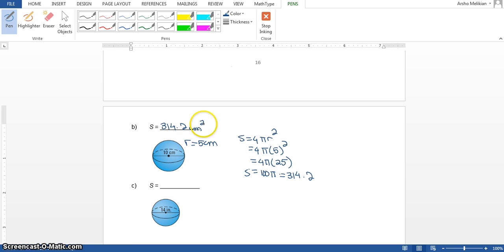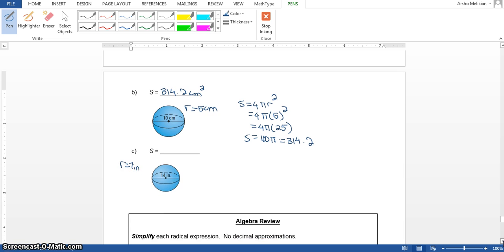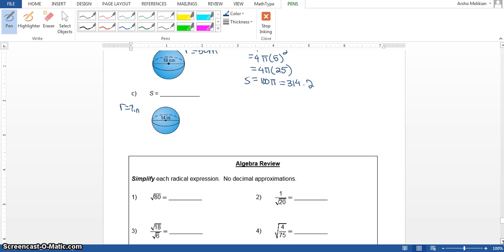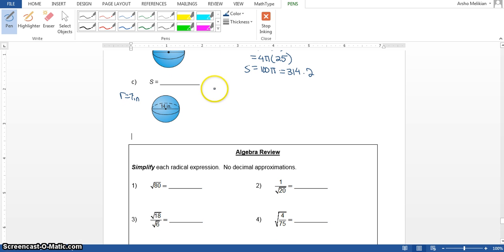In this case, the radius is 7 inches, which means the surface area is 4 pi r squared. 4 pi times 7 squared. 4 pi times 49.